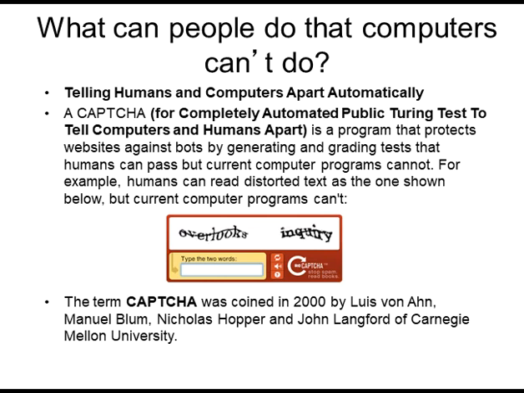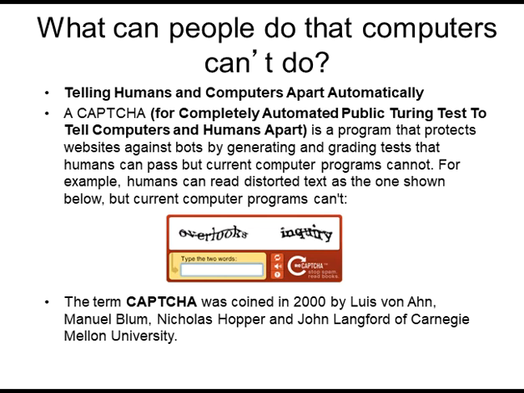So in order to avoid this from happening, we have CAPTCHA, a program that protects websites against bots by generating and grading tests that humans can pass, but current computer programs cannot. For example, humans can read distorted text as the one shown below, but current computer programs can't. So we see the wavy lines that say overlooked with a line through it, or inquiry that's wavy too with a line through it.